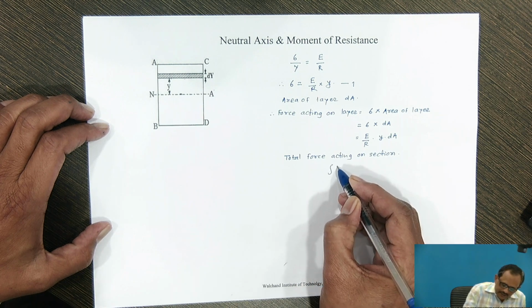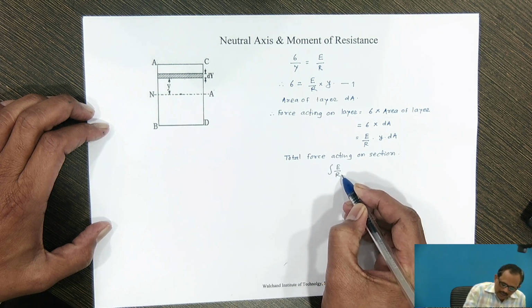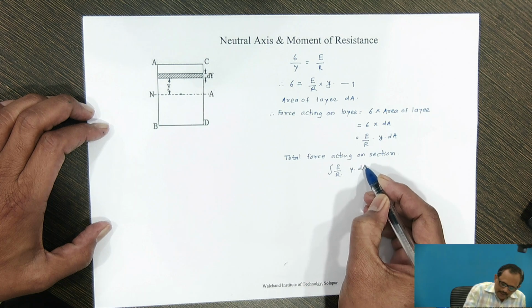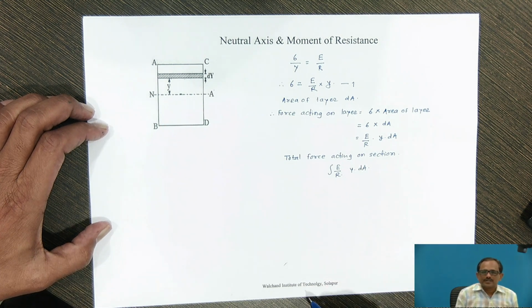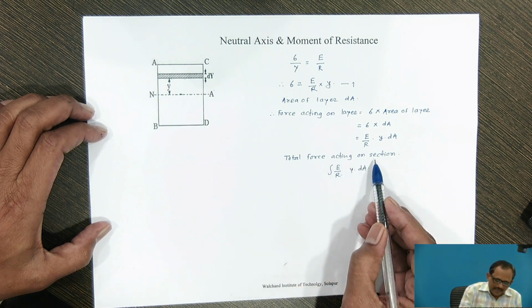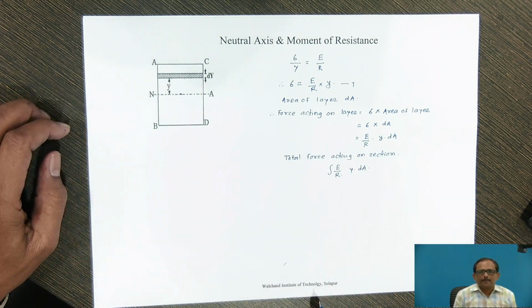So, integration of E upon R into y into dA is the total force acting on the section of the beam.